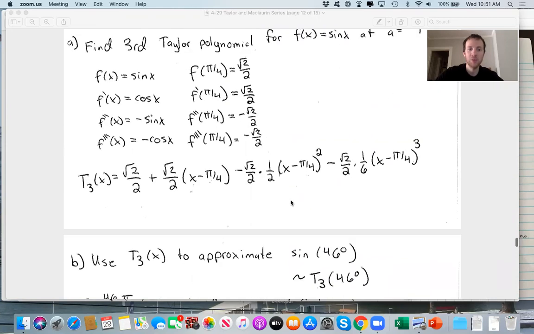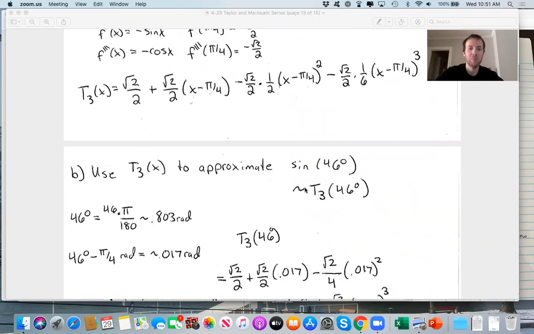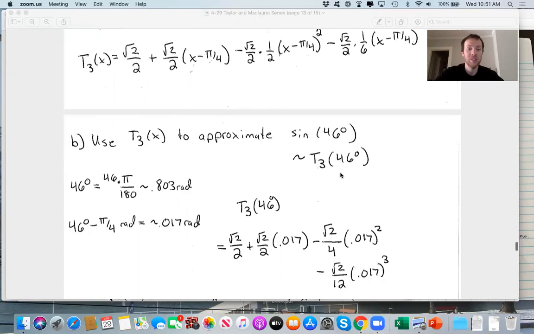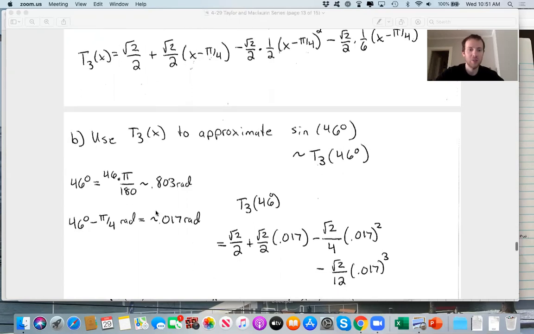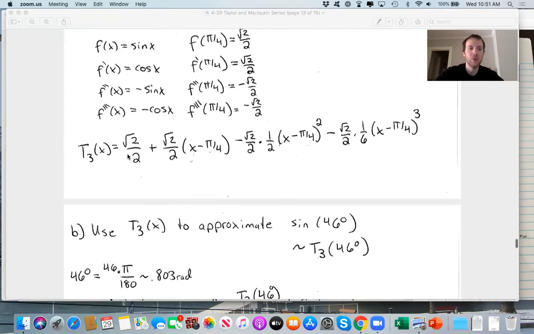And given one of these polynomials, you can actually approximate values pretty closely. So sine of 46 degrees, converting that into radians is 0.803. If you stick that into here, you will get a very close estimate.